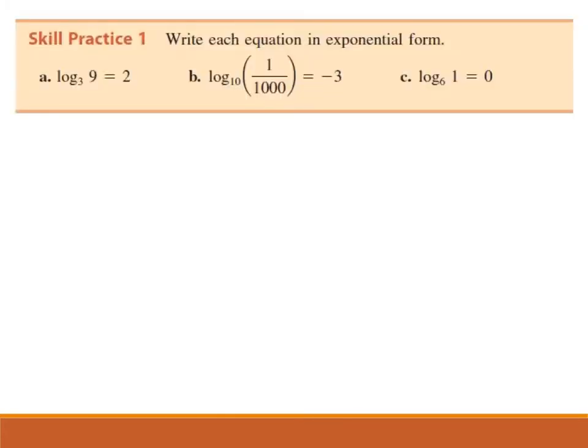Now it's your turn. For each of the equations in the following, write it in exponential form. You will now pause and try your luck at doing each one of these particular equations.